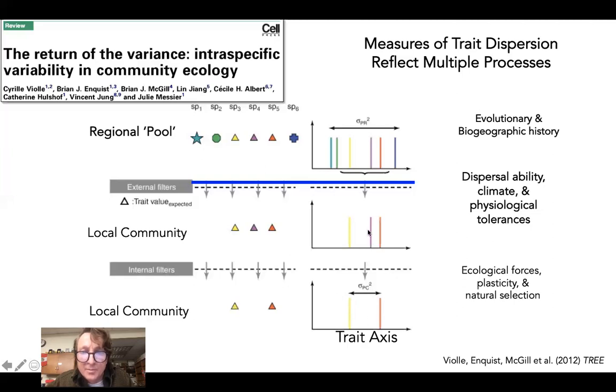So we go from a clustering pattern, and then once we get this clustering of traits, we could then see an over dispersion, but of those limited, clustered set of traits, okay? So we can talk about clustering and over dispersion at several different ecological and evolutionary scales, ranging from the regional pool down to the local community.